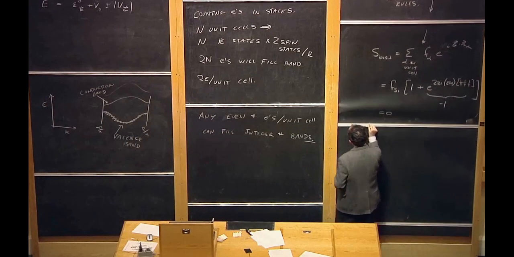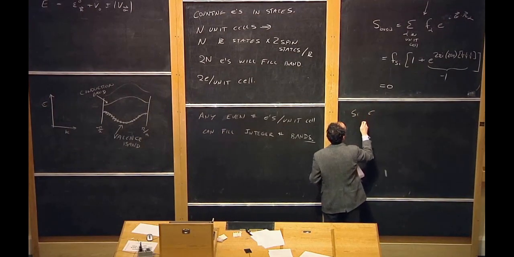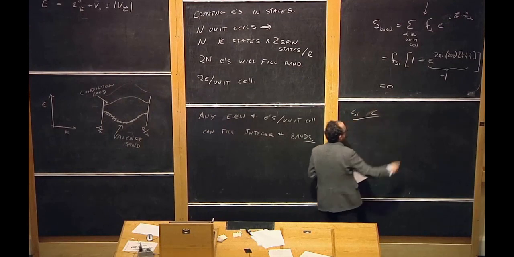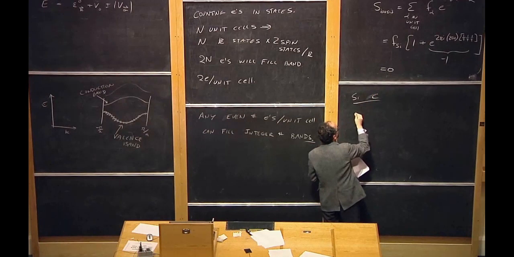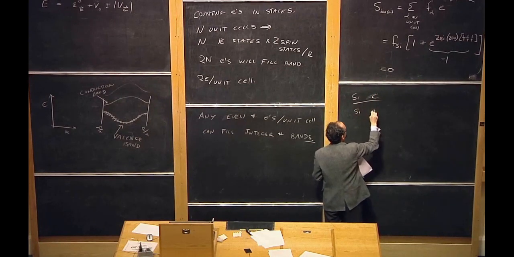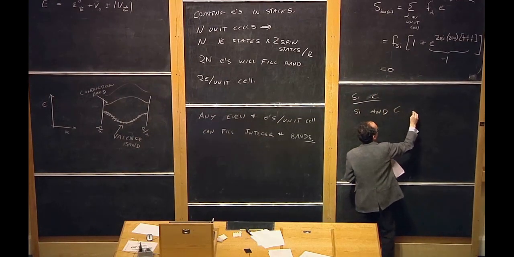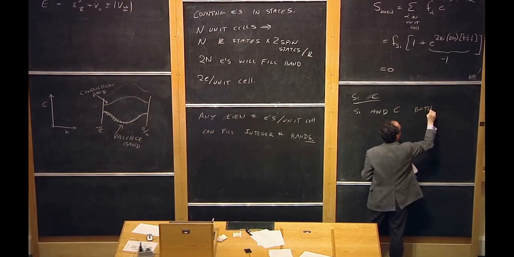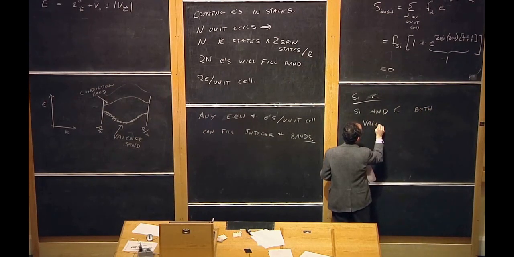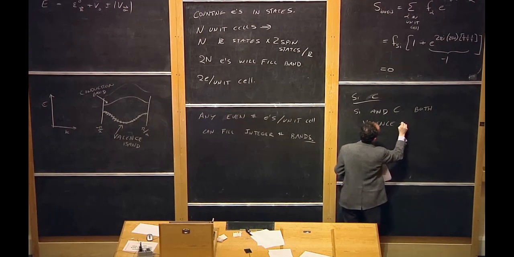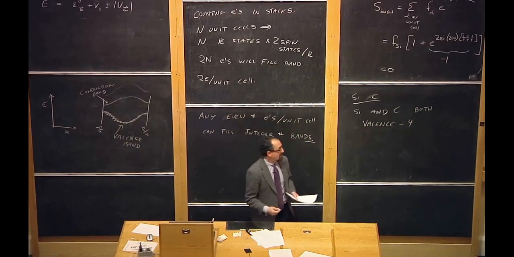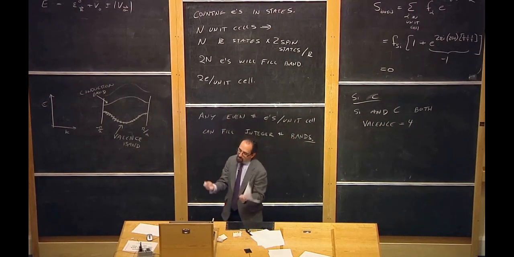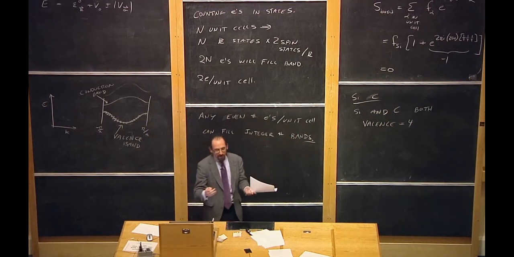So let's take the case of silicon carbide, for example. Silicon and carbon both have valence 4, which means we should count 4 electrons for each of them. Okay? Why am I only counting 4 instead of all of their electrons?